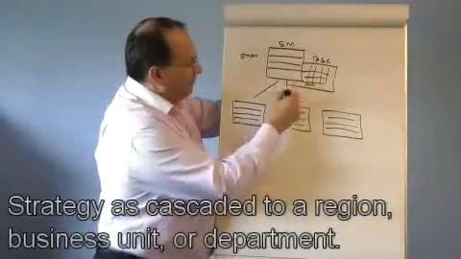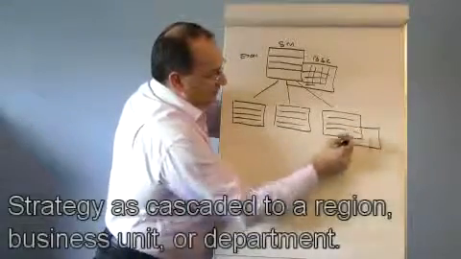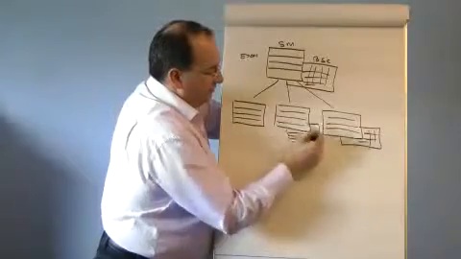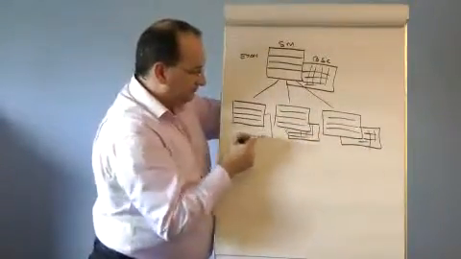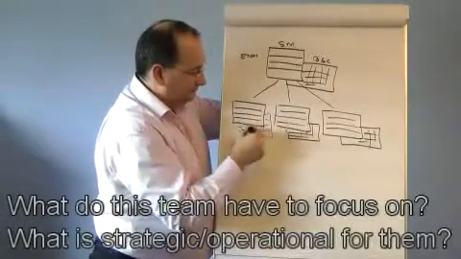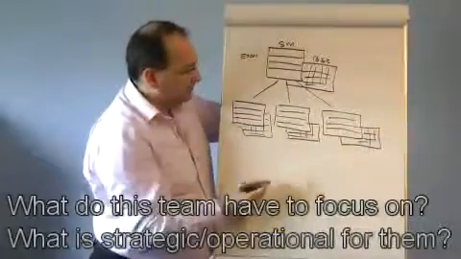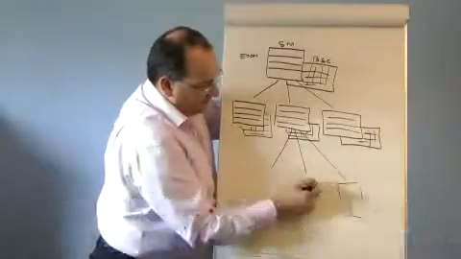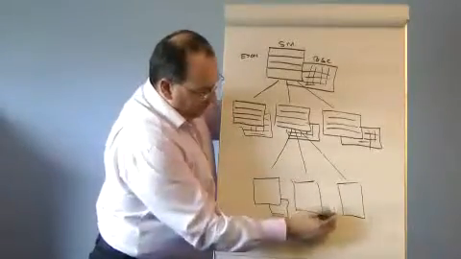And what's happening is that this, with the scorecard behind it, is the focus and choice for this particular team. Strategy map scorecard, strategy map scorecard, strategy map scorecard. And of course you can continue this cascade down through the organisation to whatever is the next level.